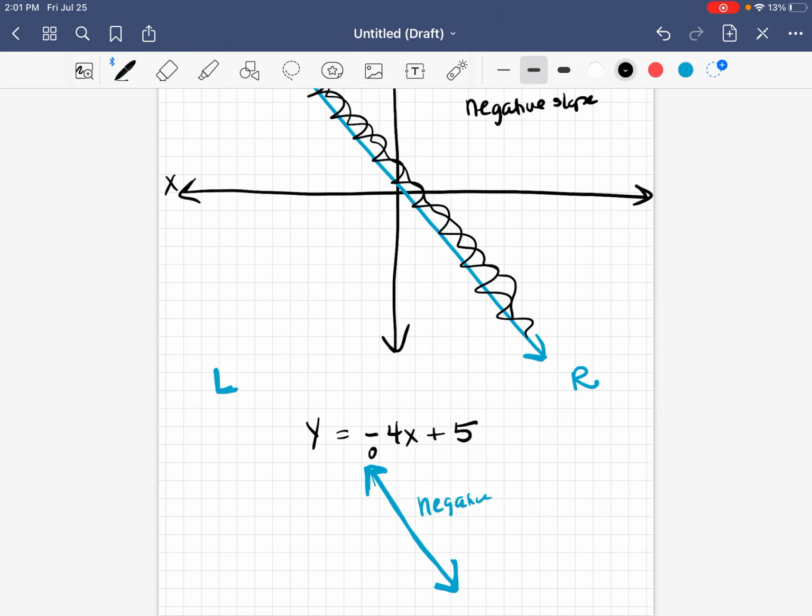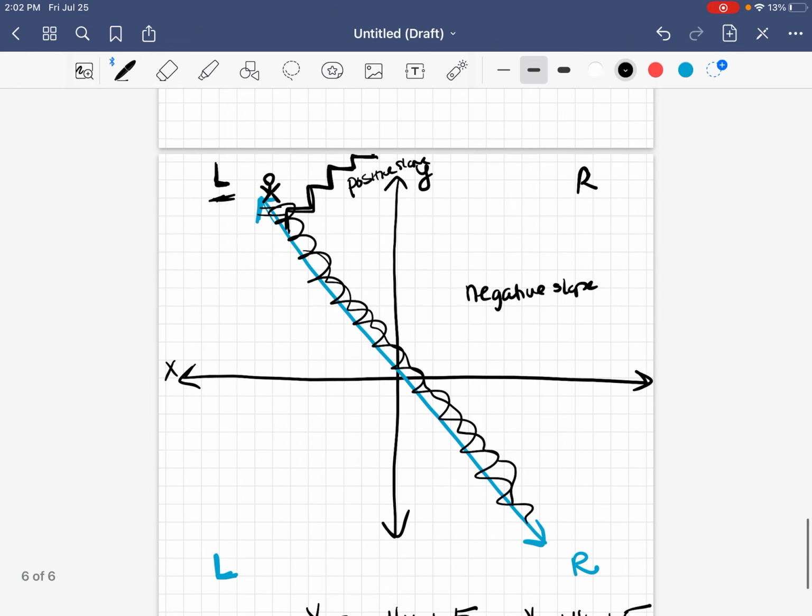And my person will end up going down a hill. If I had y equals positive 4x plus 5, my slope is positive, so my line would be going upwards. Again, if I draw my person on the left side and they end up taking the staircase, then that means it's a positive line.